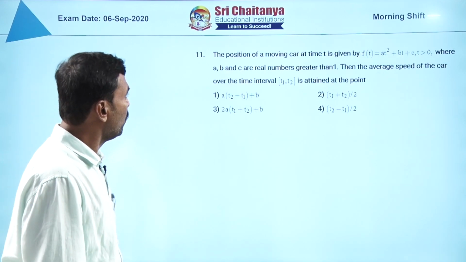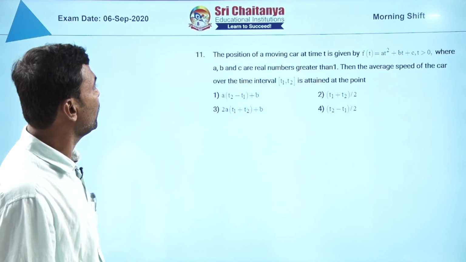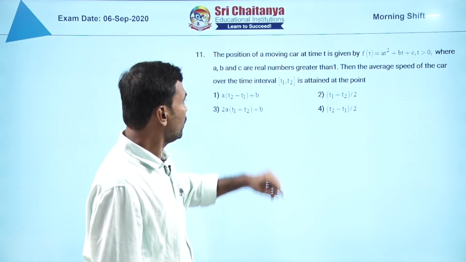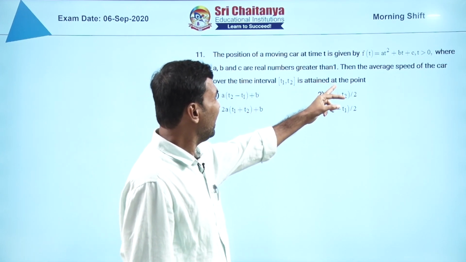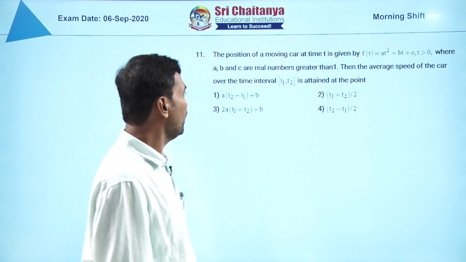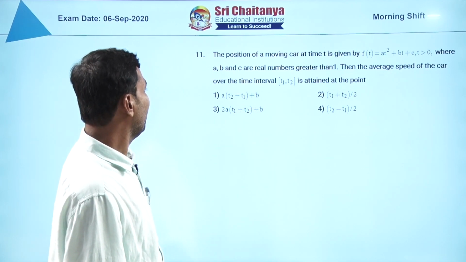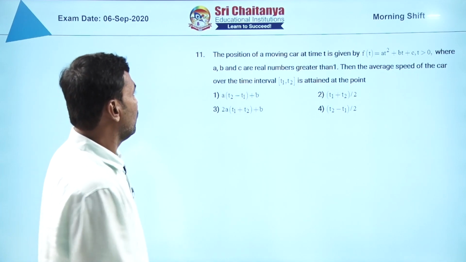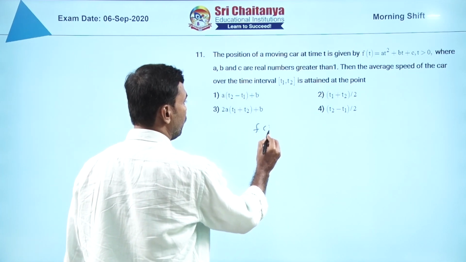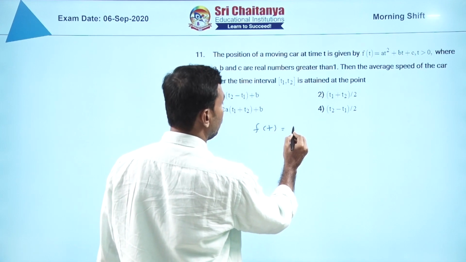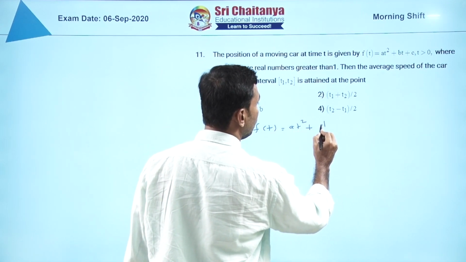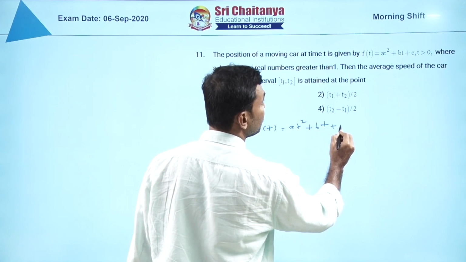In the 11th problem, he is asking: the average speed of the car over the interval t1 comma t2 is attained at the point, meaning at which value of t do you have the average speed. He has given f of t is equal to a t square plus b t plus c.